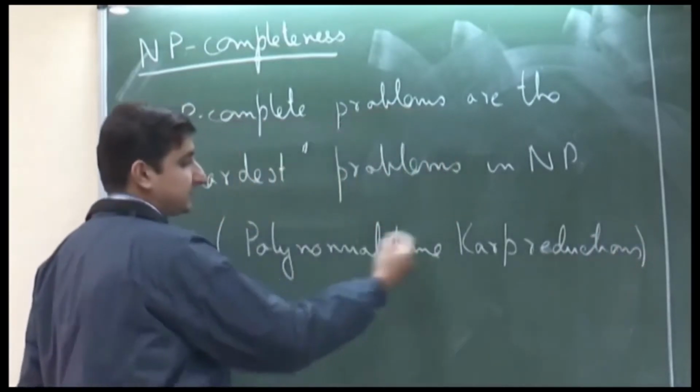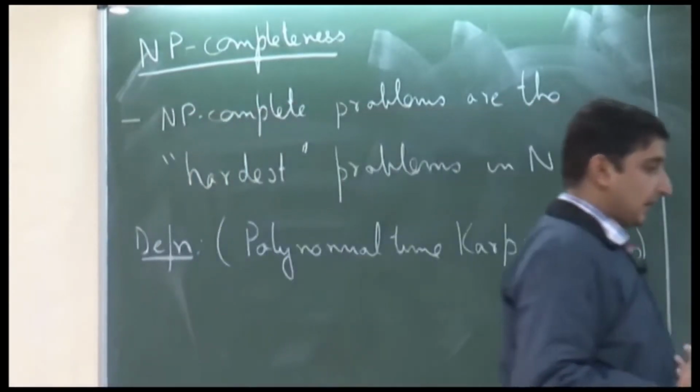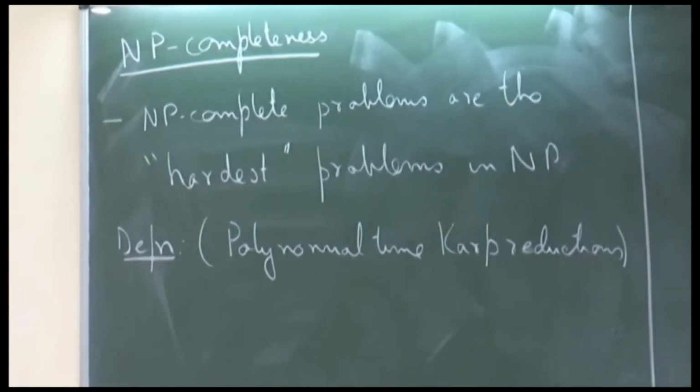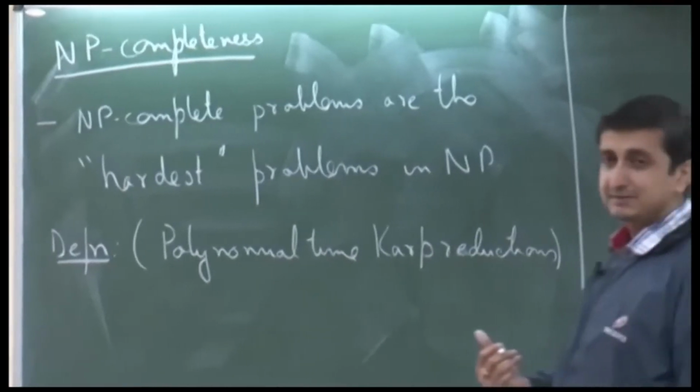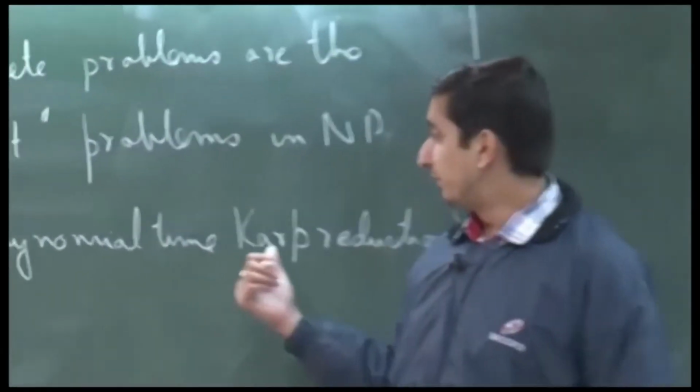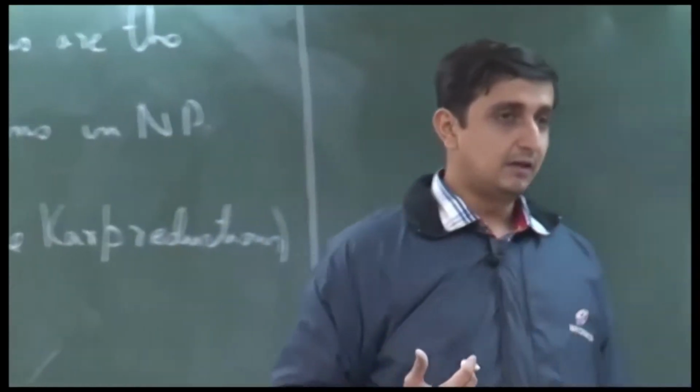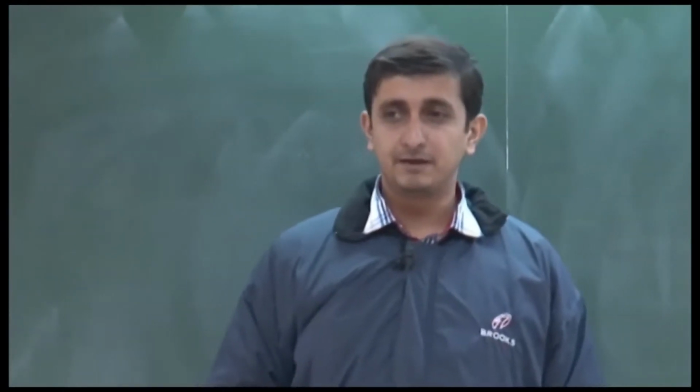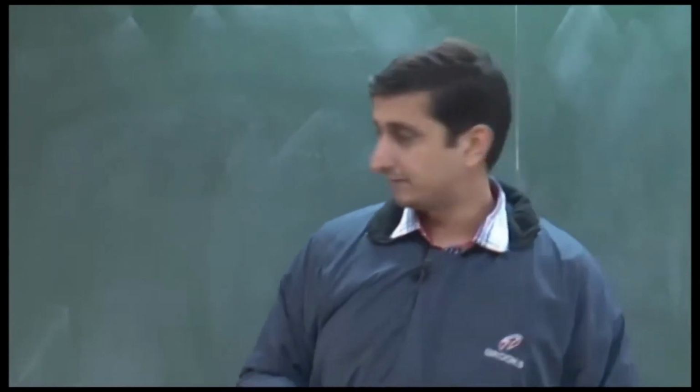The book uses this term, polynomial time Karp reductions, to denote these kind of reductions, but in other texts or in other places you might find things like polynomial time many-one reduction or just polynomial time reductions, and they typically mean the same thing.